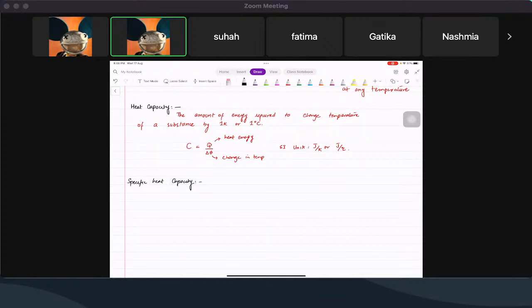Specific heat capacity is basically the amount of energy per unit mass required to change the temperature by 1 kg, sorry, by 1 degree Celsius or 1 Kelvin.